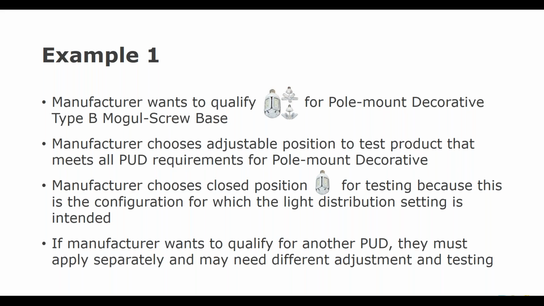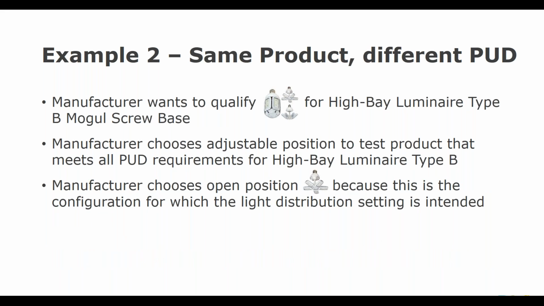And they're going to test it according to that, and they'll need to meet all the requirements of the PUD. If they want to qualify this product for another PUD, they would need to apply separately and may need a different adjustment in testing. So let's walk through that. So this product, if you open the wings, as I said, it could work very well for a traditional HID high bay luminaire.